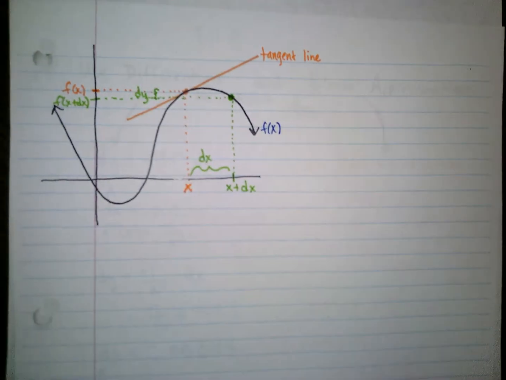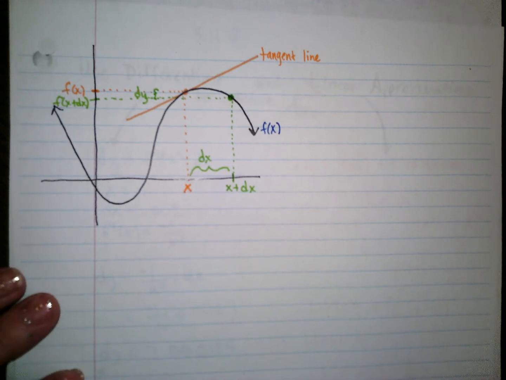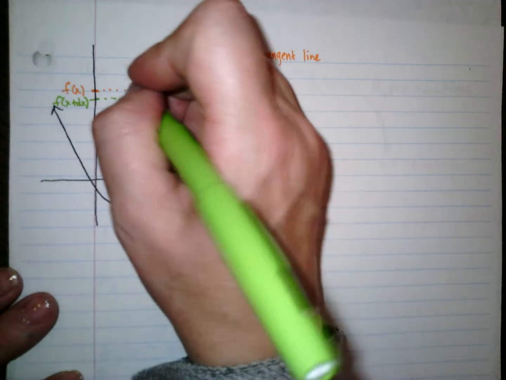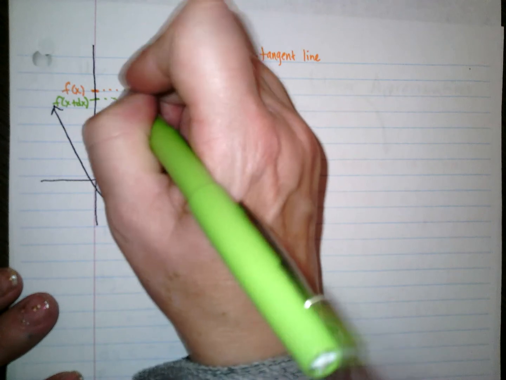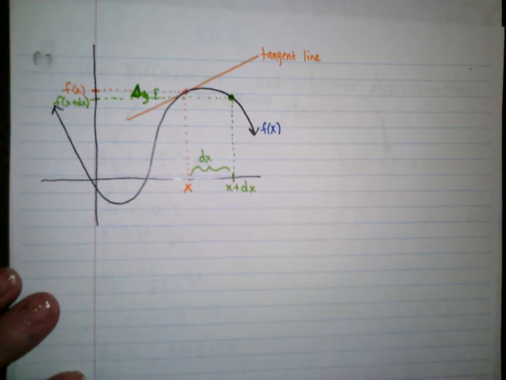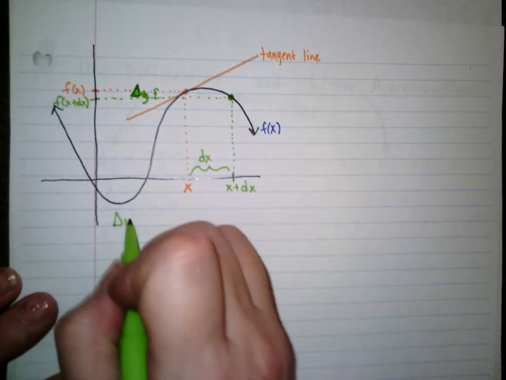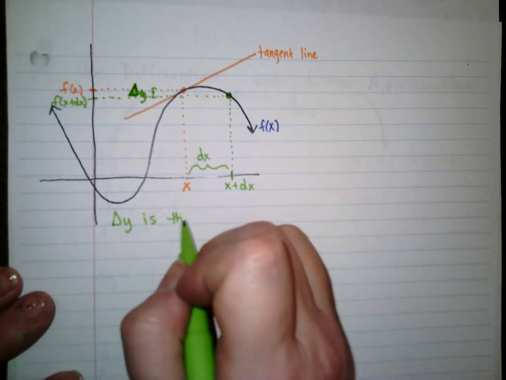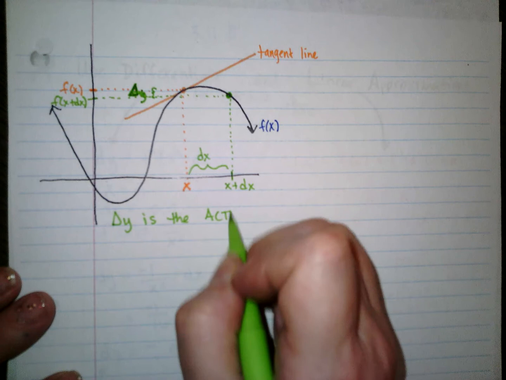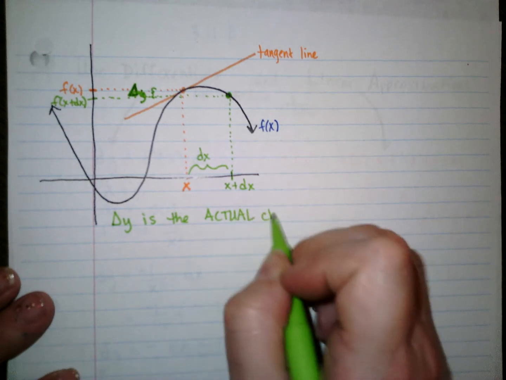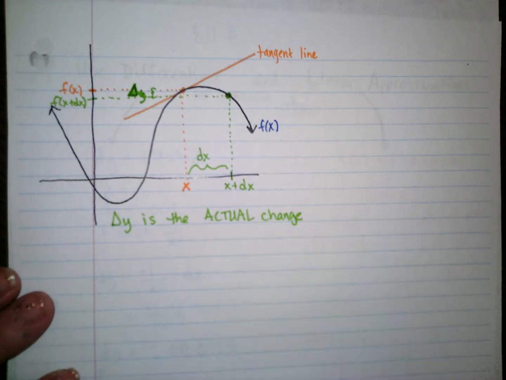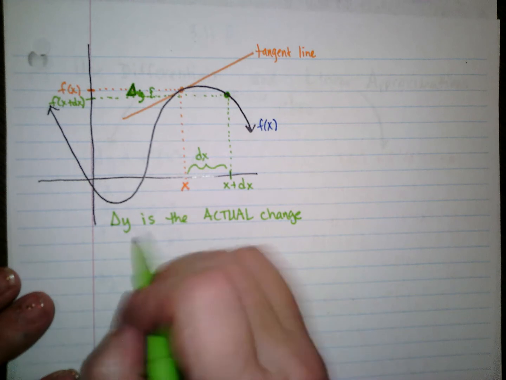It's the actual change in y. Let's back up. Back that train up. That is delta y. Delta y is the actual change. Dy goes with the derivative. Delta y is the actual change in the function.